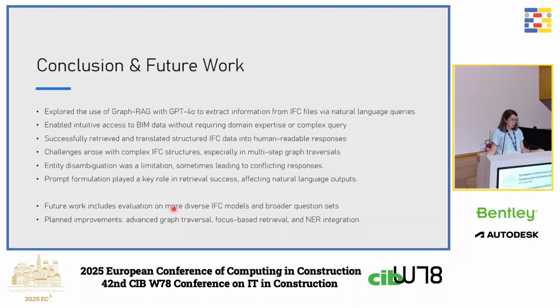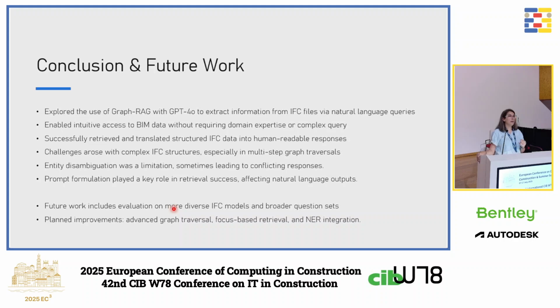And also in future, in the work that we are currently doing, we are actually seeing more promising results. We are considering first doing more pre-processing on the graph, and we are dividing the graph into smaller subgraphs in a way that each subgraph considers a specific element, and we are also considering more focused information retrieval.